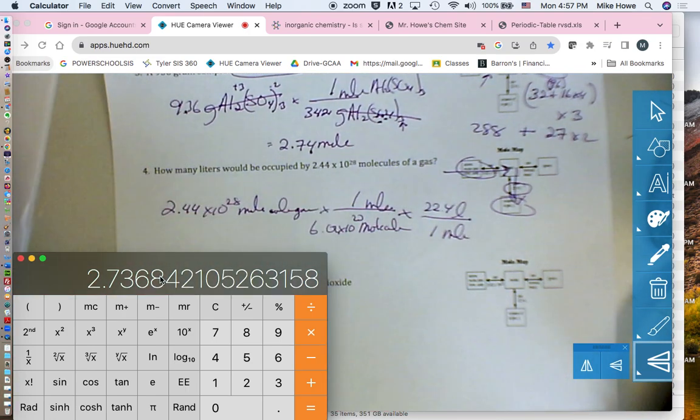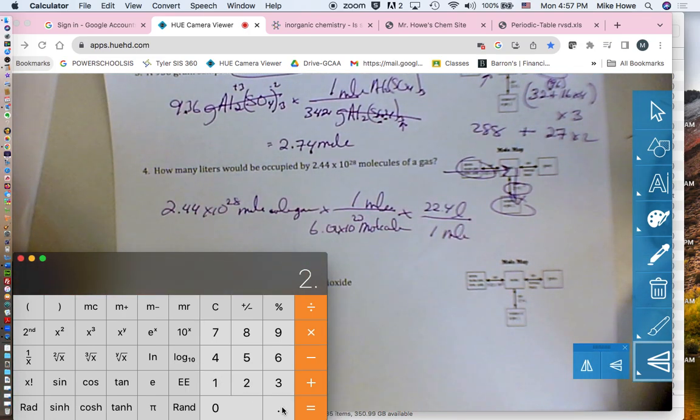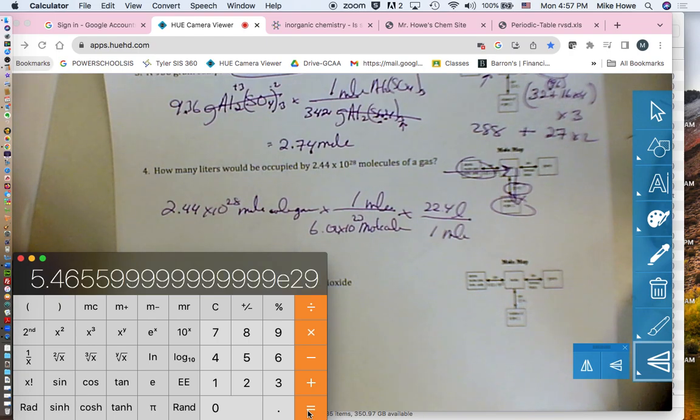All right, so let's go ahead and do this math. So you're going to have 2.44 times 10 to the 28th. Notice I hit that EE key, multiplied by 1, which I'm going to skip, multiplied by 22.4. Final answer there on top, 5.5 times 10 to the 29th. But I still need to divide by everything you see on the bottom. So I'm going to divide by 6.02 EE again for times 10, 23.